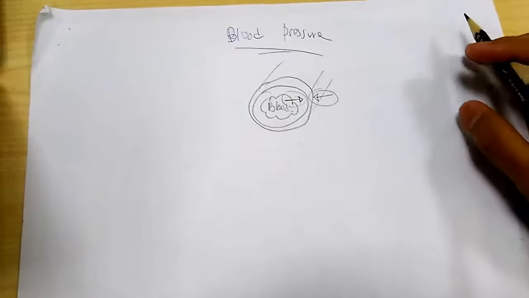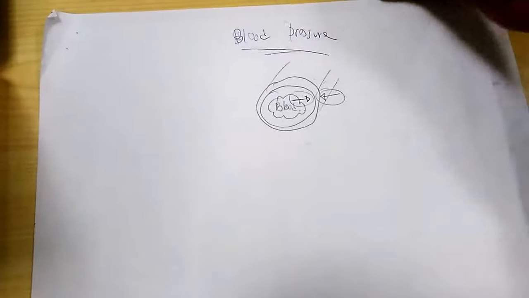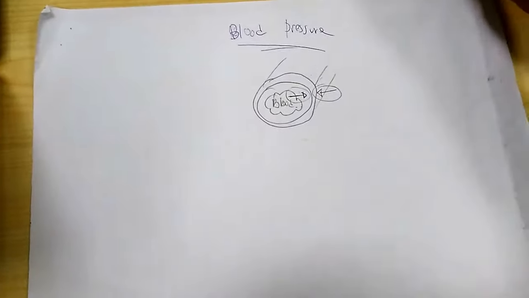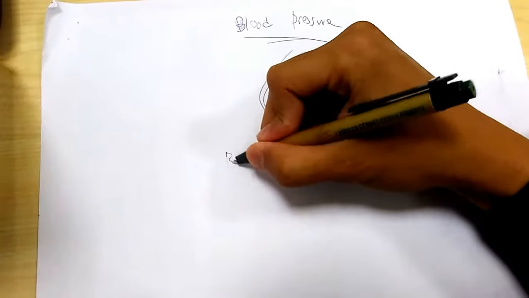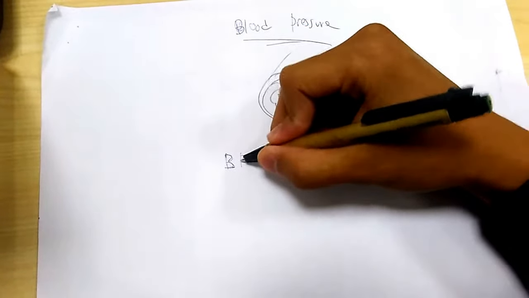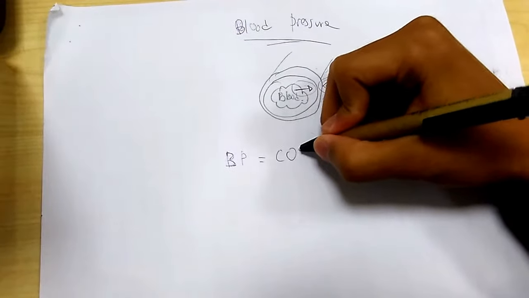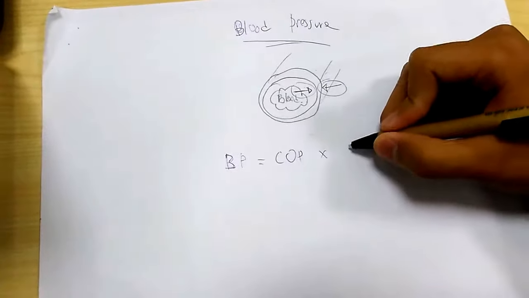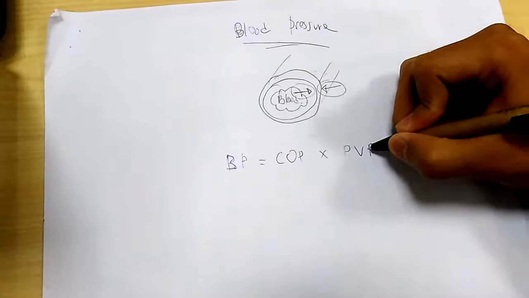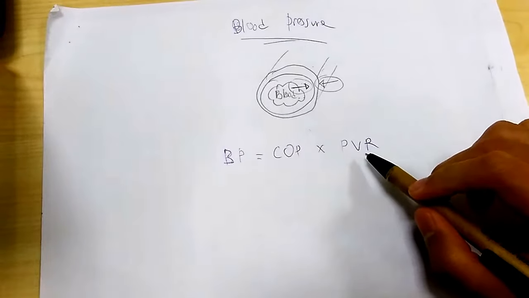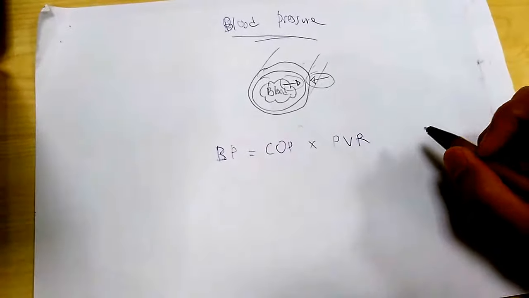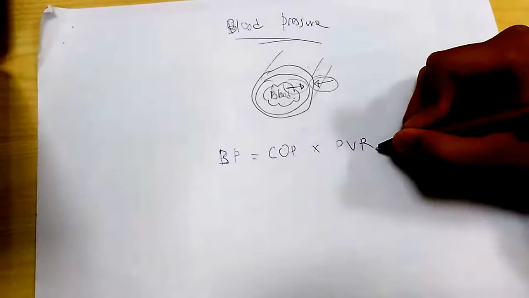And if we want to write it mathematically, we can write it as BP, blood pressure, equals COP, cardiac output, times PVR. It means peripheral vascular resistance. Just remember, this is resistance, and this is output.